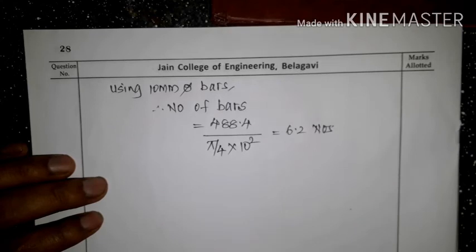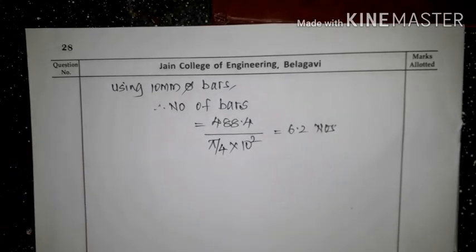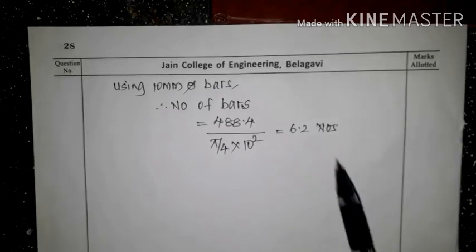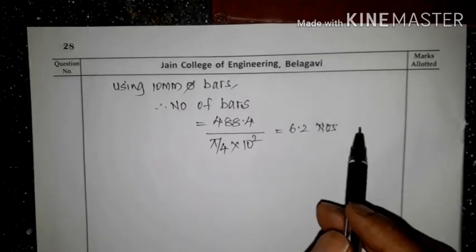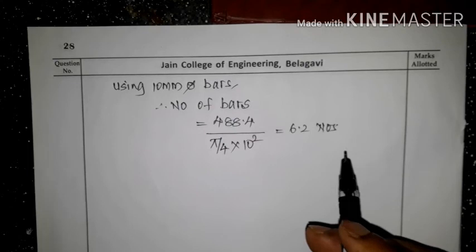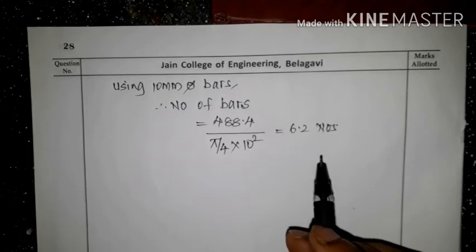Okay, so here one thing you have to remember, we have to provide the bars in additions of 3. If you provide 3, then next should be 6, then next should be 9. If you get 6.2, we cannot provide 7 bars, because the bars should be equally distributed in terms of 3 number of bars.